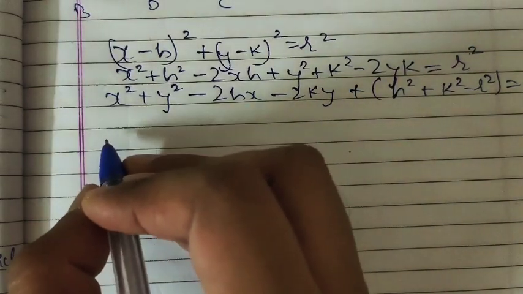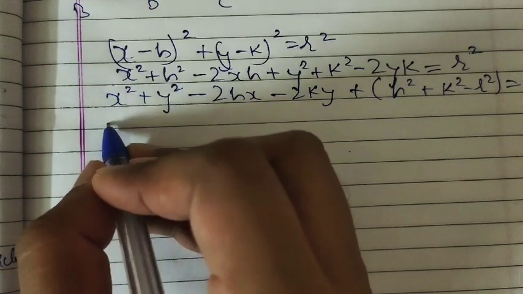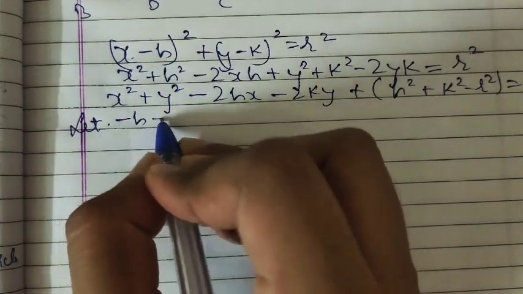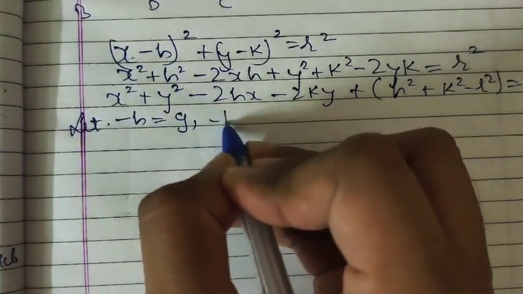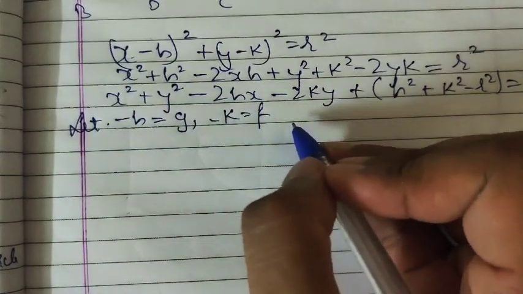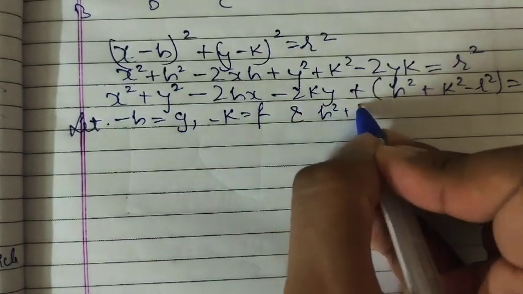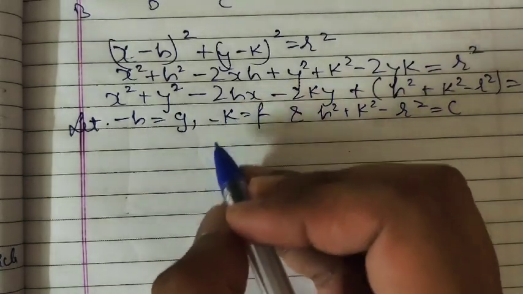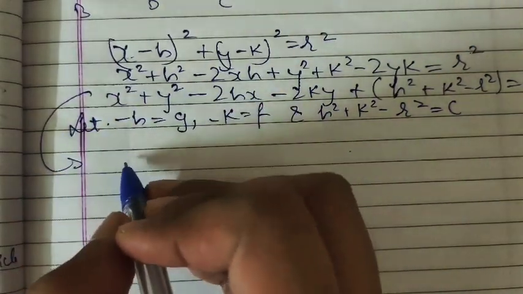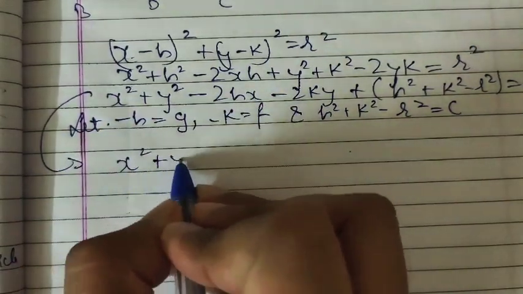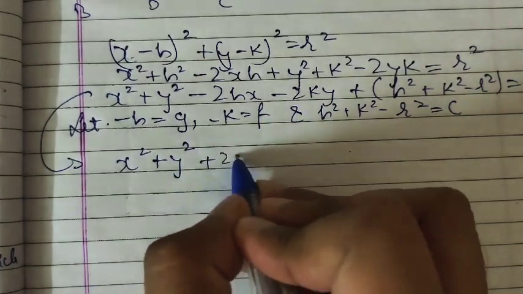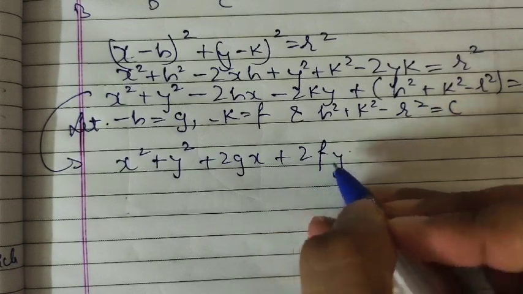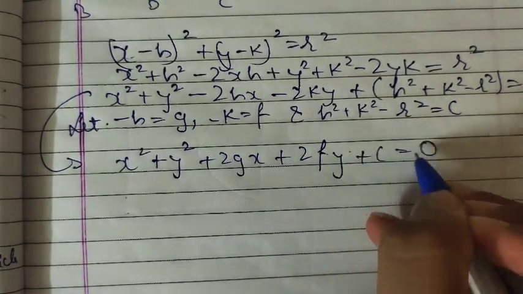So if I substitute some values, let's say minus h is equal to g, minus k is equal to f, and h square plus k square minus r square is equal to c. If I put these values into this, it will be x square plus y square plus 2gx plus 2fy plus c is equal to 0, right?